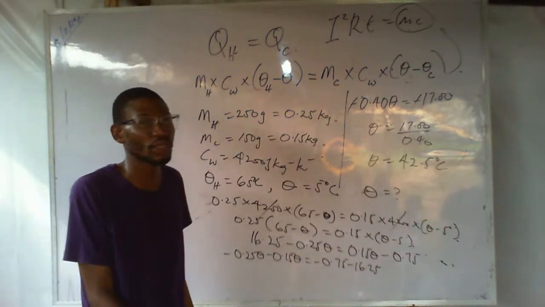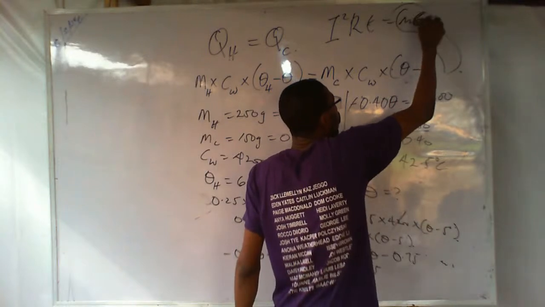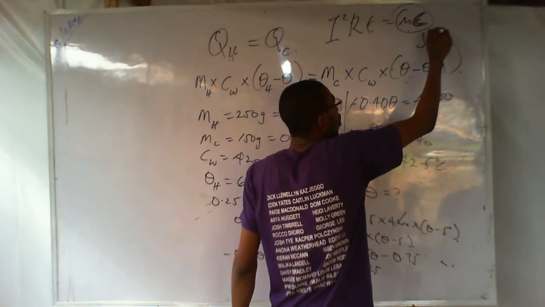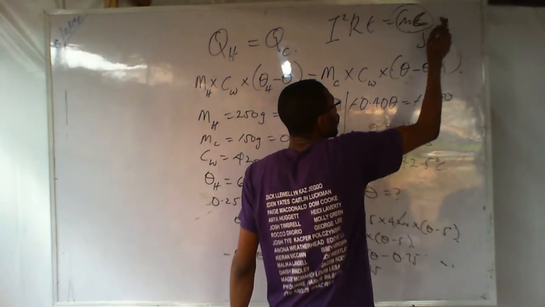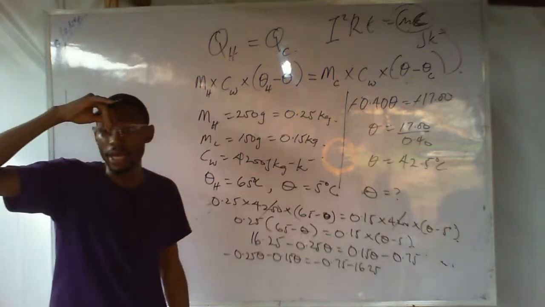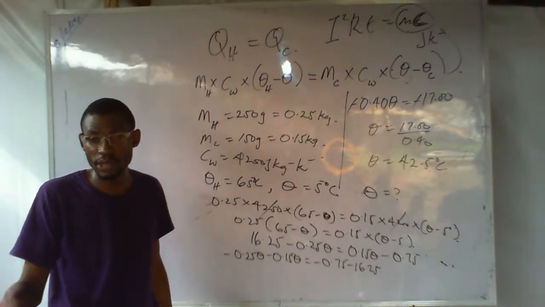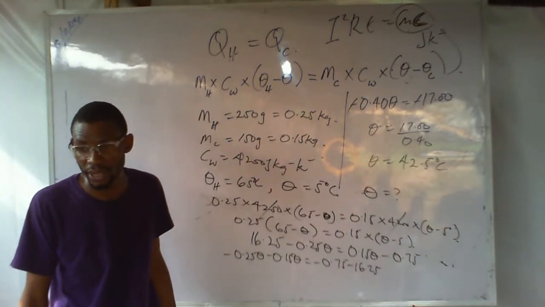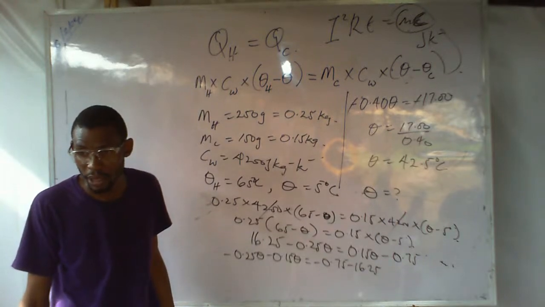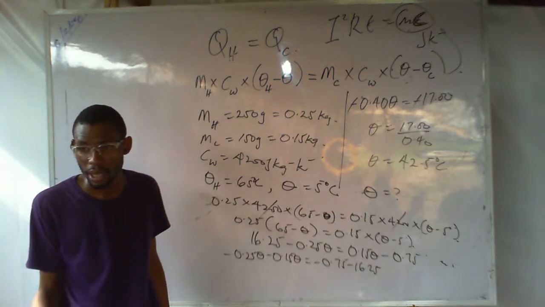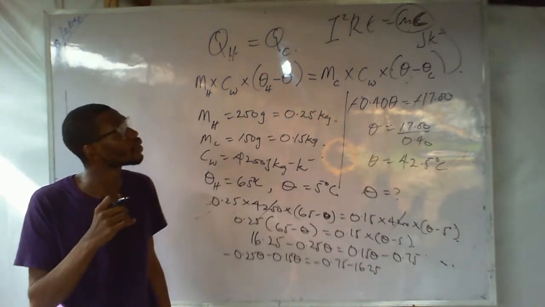You understand what I'm saying? So this is the one we are looking for, in joule per Kelvin. All the parameters are given per Kelvin. Are we given mass there? What are we given?